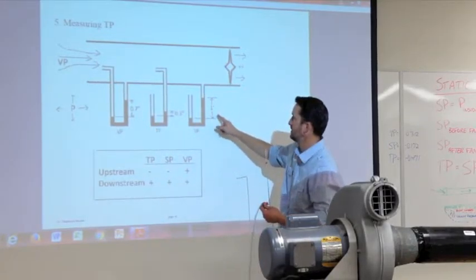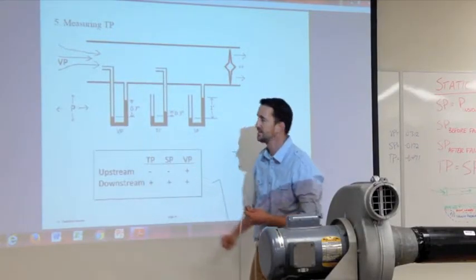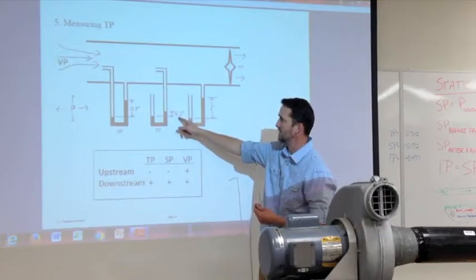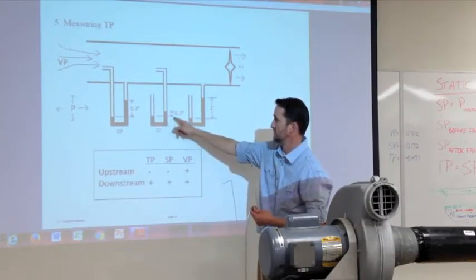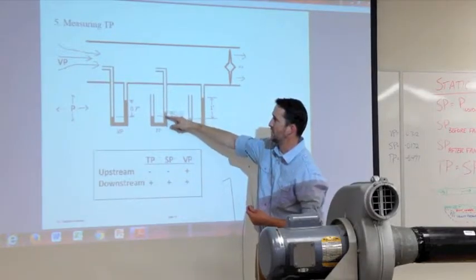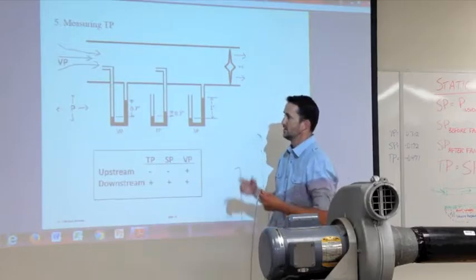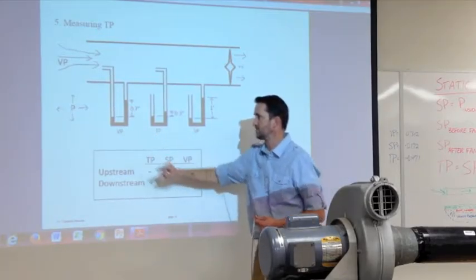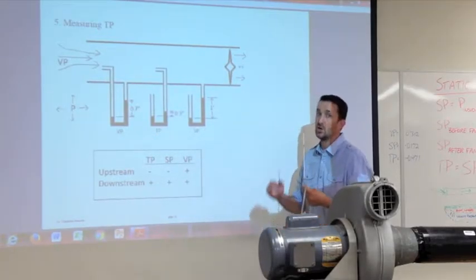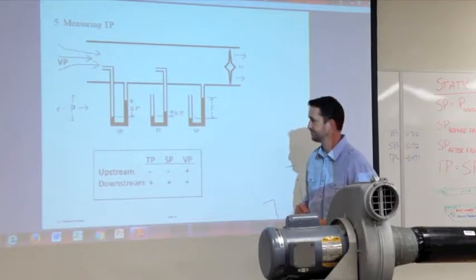So negative 1 inch plus 0.7 inches gives us negative 0.3 inches. So the total pressure of the system is negative 0.3 inches. It's negative, so it should be sucking that column up towards the duct, which it's doing there. Okay. So the total pressure is the velocity pressure plus the static pressure, remembering that the static pressure is going to be negative on this side.